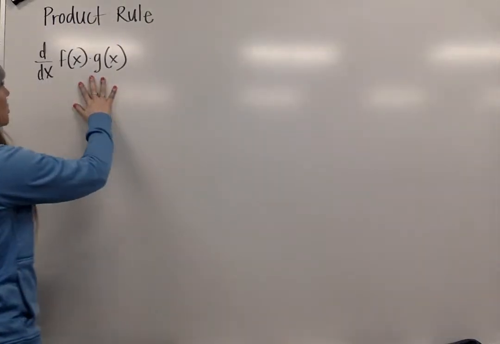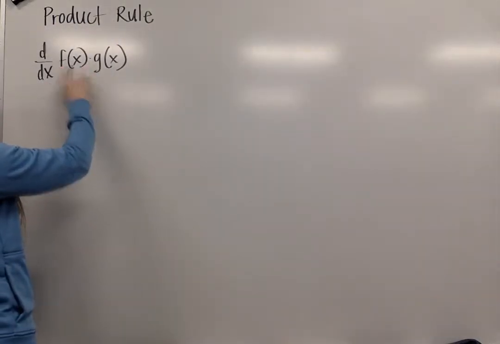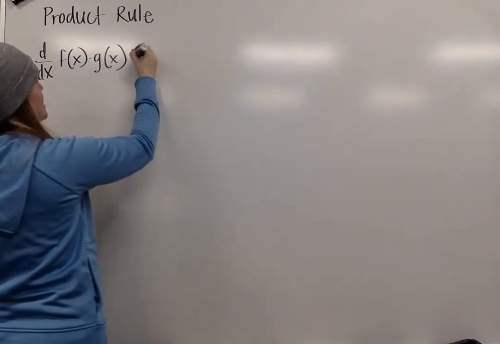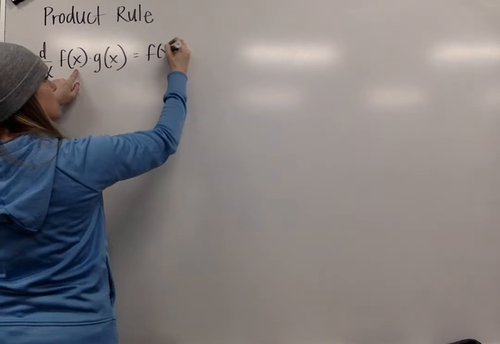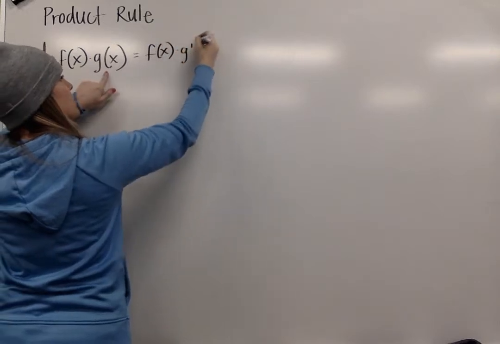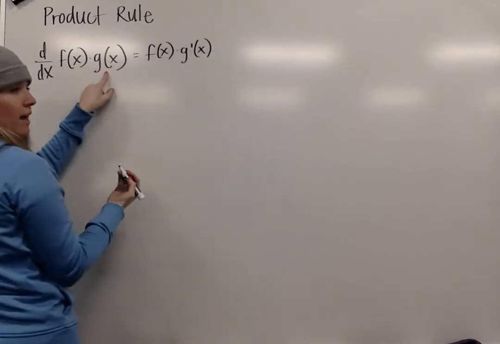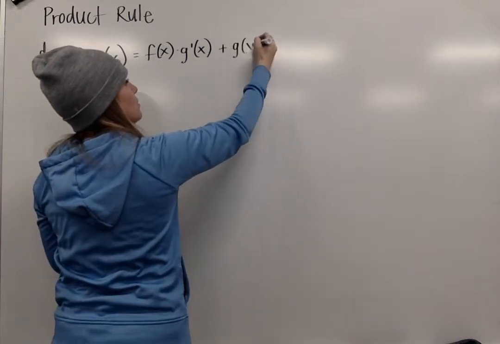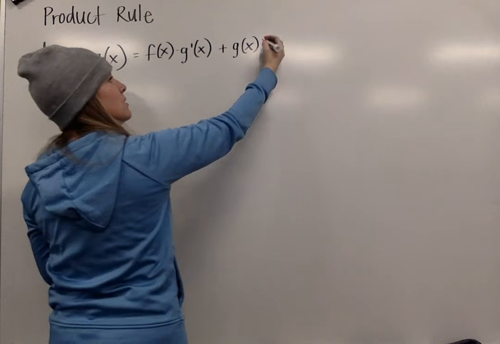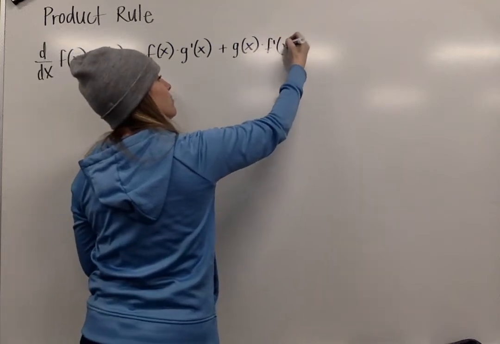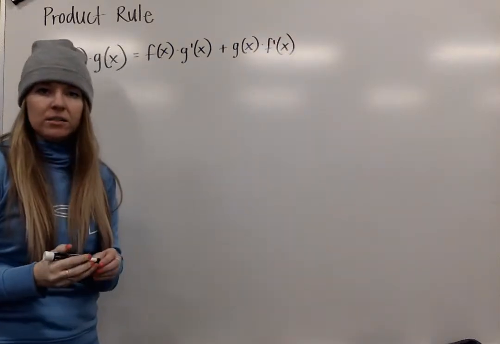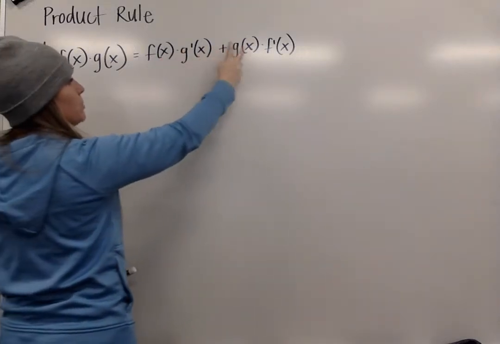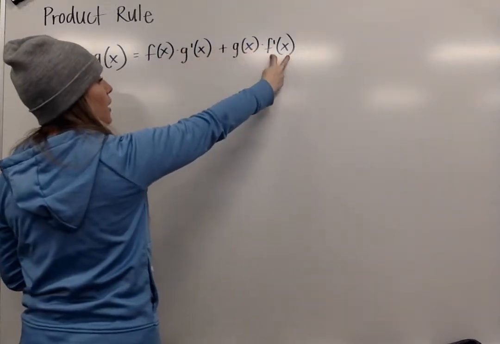So the product rule. I have the function f of x multiplied by the function g of x. Its rule is we take f of x and multiply it by the derivative of g of x, plus the function g of x times the derivative of f of x. Okay? So f of x times g prime plus g of x times f prime.